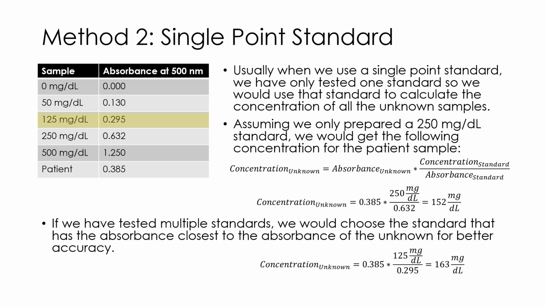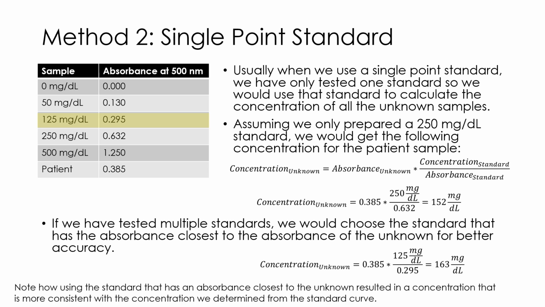When we use the 125 milligram per deciliter standard in the equation, we get a concentration for the unknown of 163 milligrams per deciliter. We can see that there is a significant difference in the unknown's concentration based on which standard we use to calculate the unknown. Please note how using the standard with the absorbance that was closest to the unknown's absorbance resulted in a concentration that is more consistent with the concentration we calculated from the equation of the standard curve.